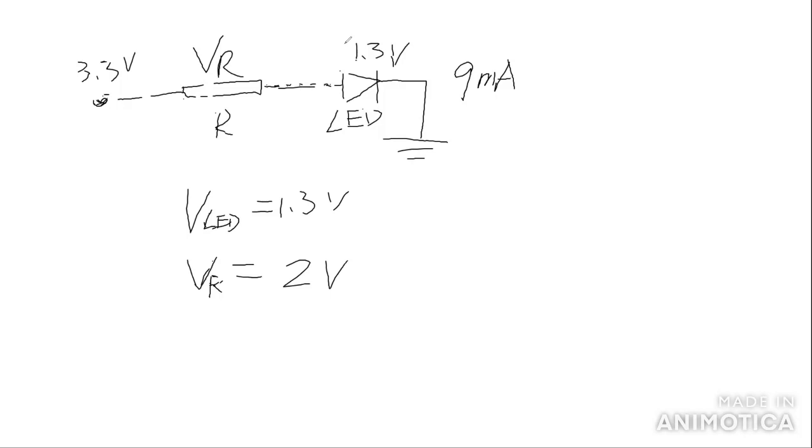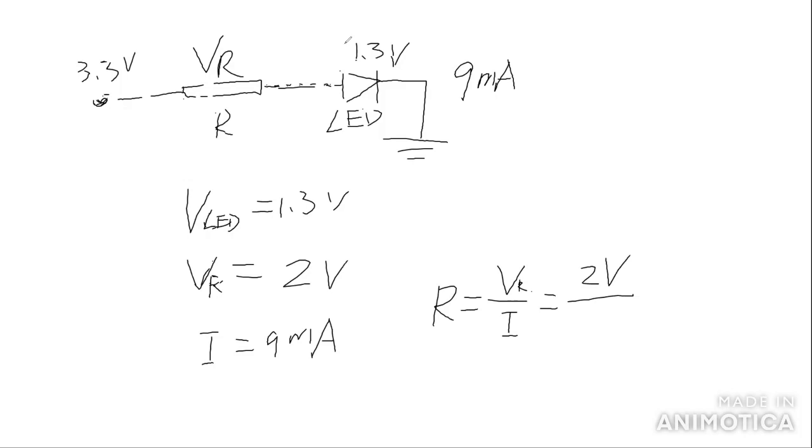And we know the current is equal to 9 milliamps. So the resistance R, according to Ohm's law, is equal to V_R over I, so 2 volts over 9 milliamps. Remember, you have to use amps instead of milliamps. 9 milliamps is equal to 9 times 10 to the power of -3 amps.